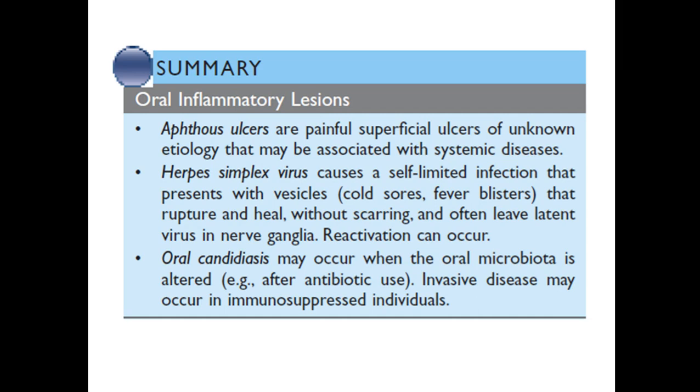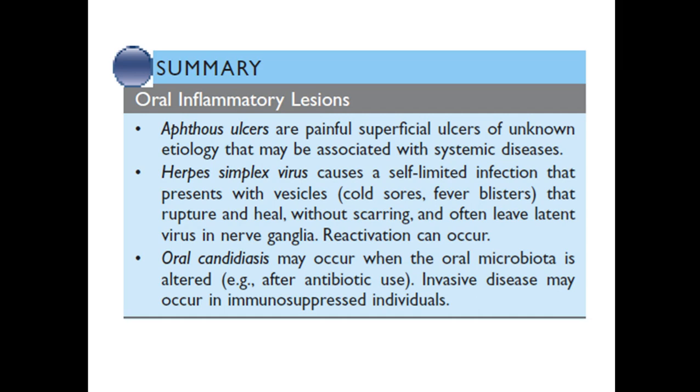Herpes simplex virus is a viral infection, and it is usually seen in the form of cold sores and a small number of blisters. When these blisters rupture, they can spread the viral infection to other healthy tissues.